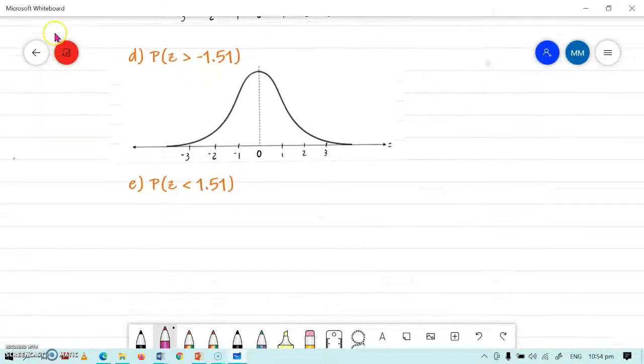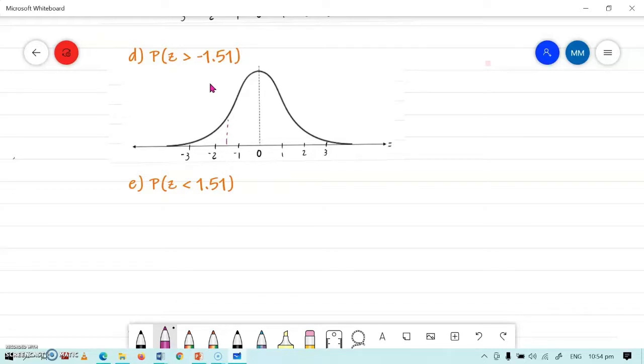Let's have the probability of z to be greater than negative 1.51. So what we have here is still an inequality symbol. So first, let's illustrate our curve. Let's locate where negative 1.51 is located. Negative 1.51 is somewhere here.